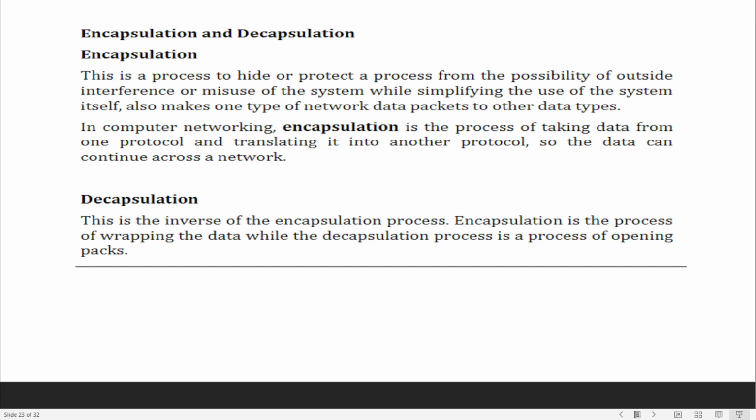It also converts one type of network data packet to other data types. In computer networks, encapsulation is the process of taking data from one protocol and translating it to another protocol, so the data can continue across the network. Next one is decapsulation. This is the inverse of the encapsulation process. Encapsulation is the process of wrapping the data, while decapsulation is the process of opening the packets.